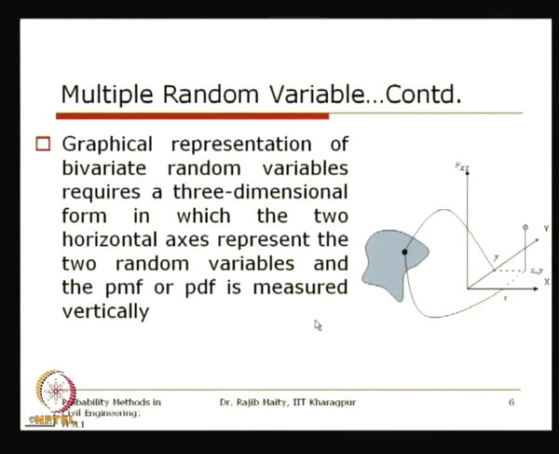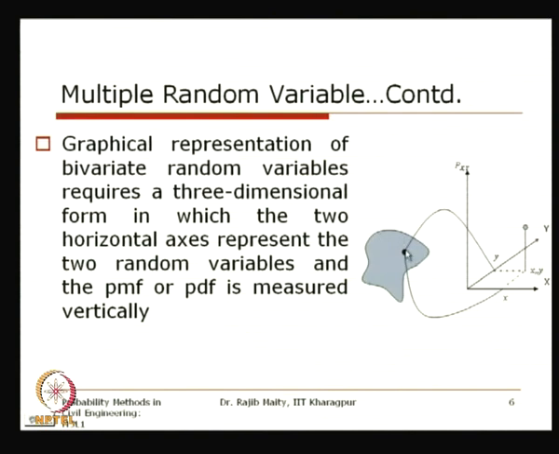Now, as I was showing, this graphical representation, for the bivariate random variables case, requires a three-dimensional form in which the two horizontal axes represent the two random variables and the PMF or PDF is measured vertically. Here you can see my sample space, which consists of all possible outcomes of one random experiment.